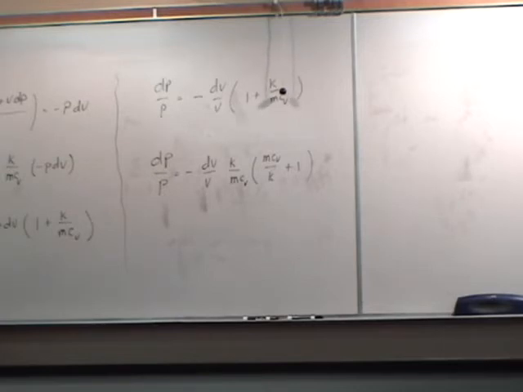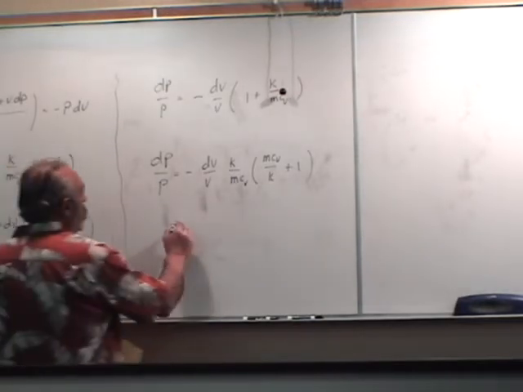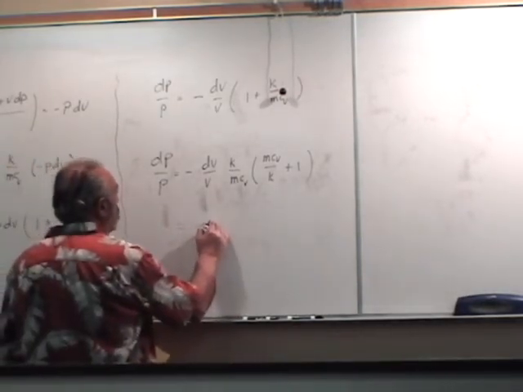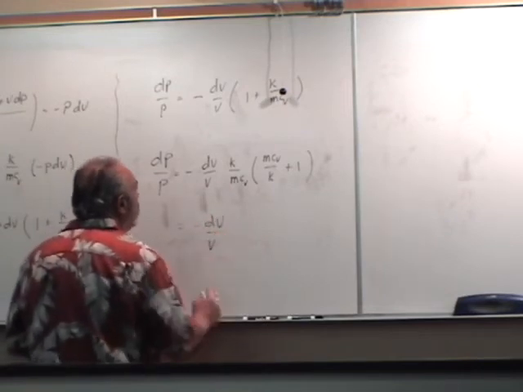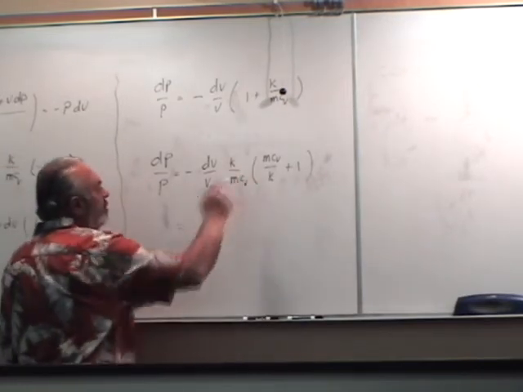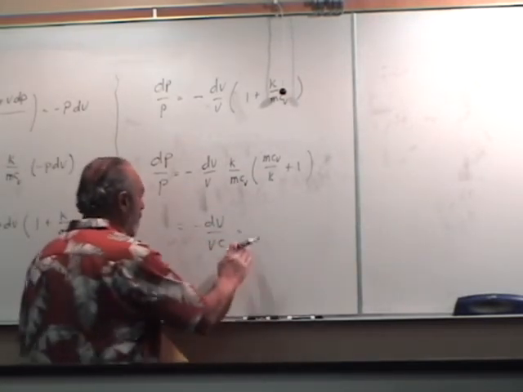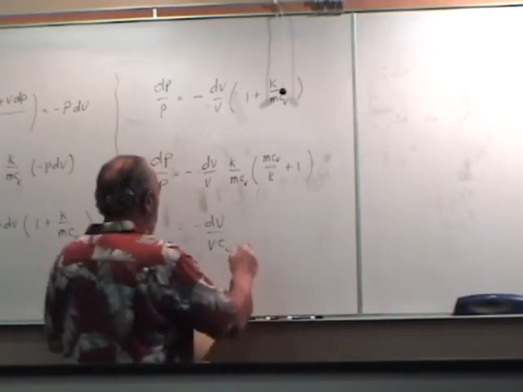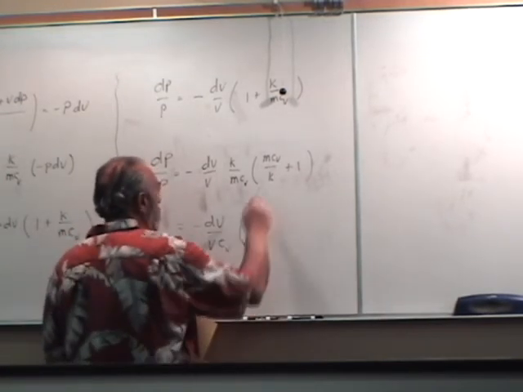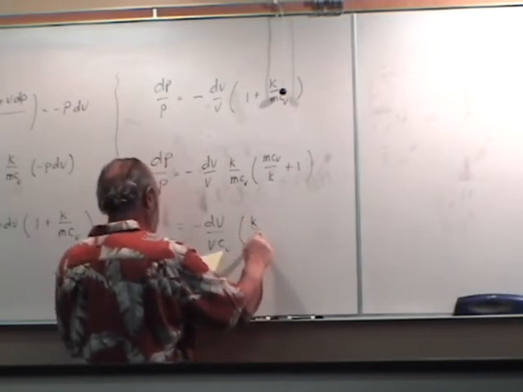Now, what interesting thing did I do? How interesting is that? Notice here, let's see if this looks legitimate to you, dV over V, and now notice the c sub v. If I keep that out, c sub v, then I can write here k over m.